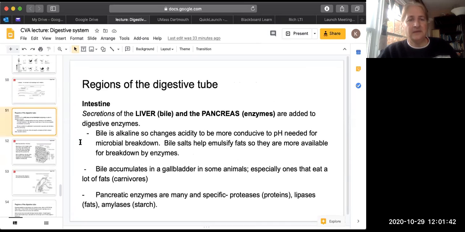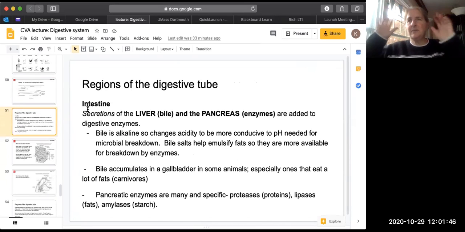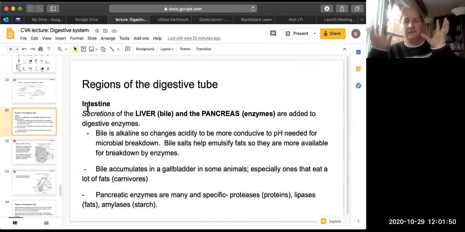Okay, so now getting to the intestine. After the stomach, the pancreas and the liver basically dump in a bunch of enzymes and bile.